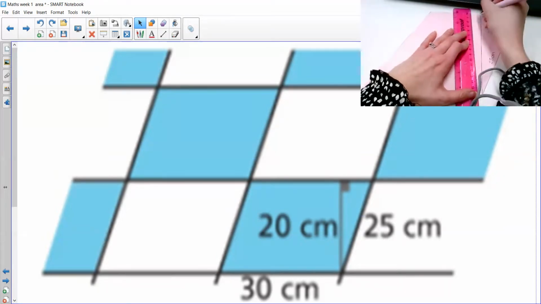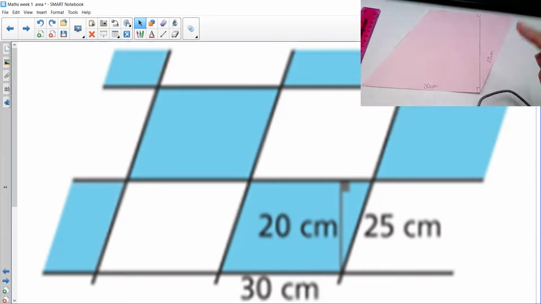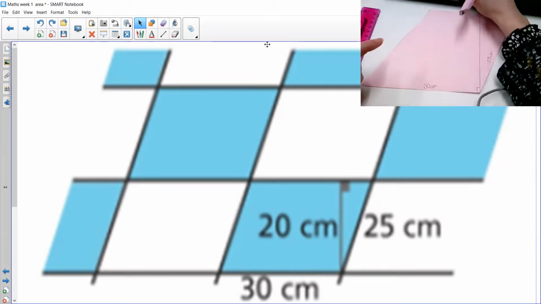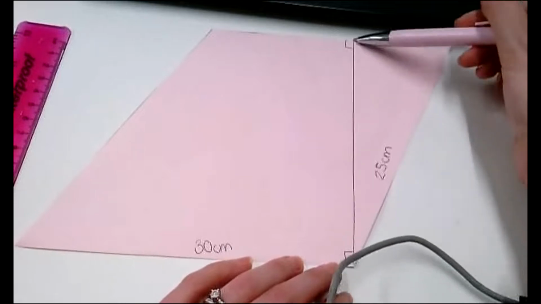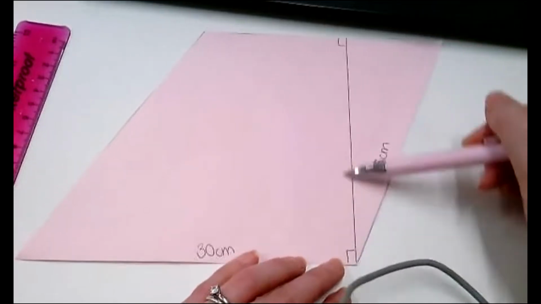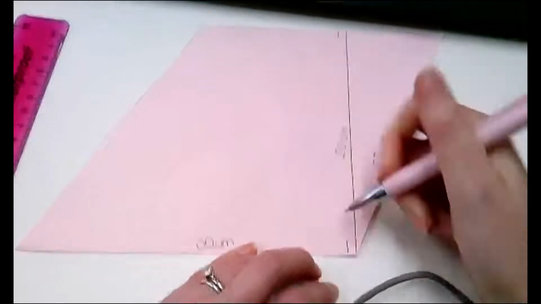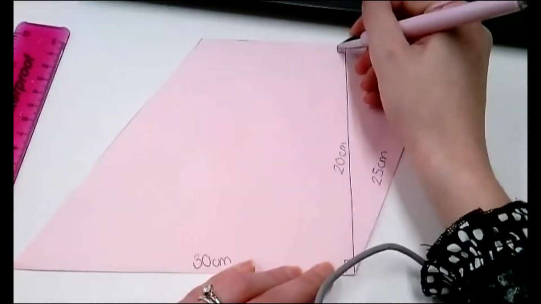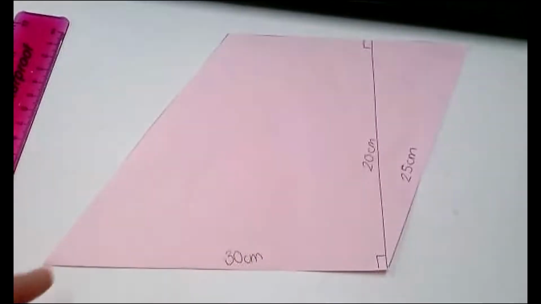And perpendicular means when 2 lines meet at a right angle. And hopefully you can see there, I'll see if I can make it bigger now. There you go. So hopefully you can see that this line going down here is like the height of the parallelogram, and it was 20 centimetres, and it meets here at a right angle, and here it also meets at a right angle. Okay, so here is my parallelogram.